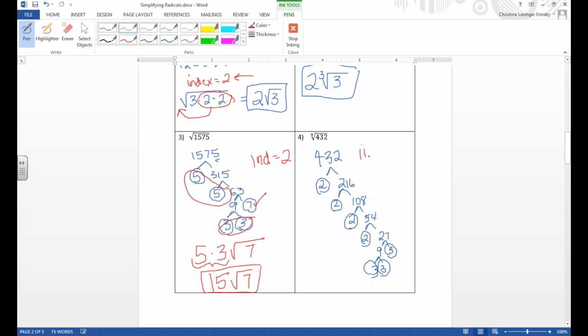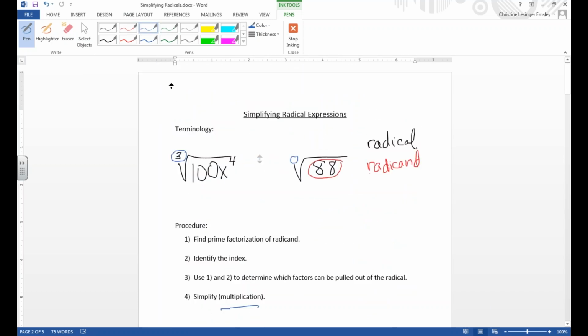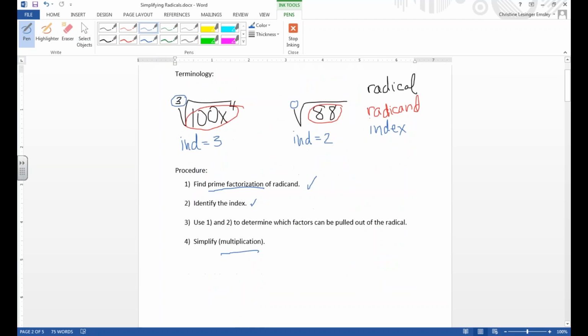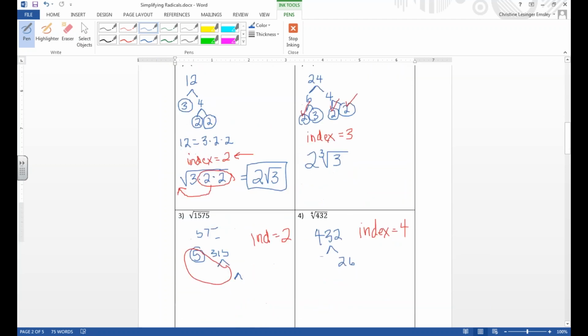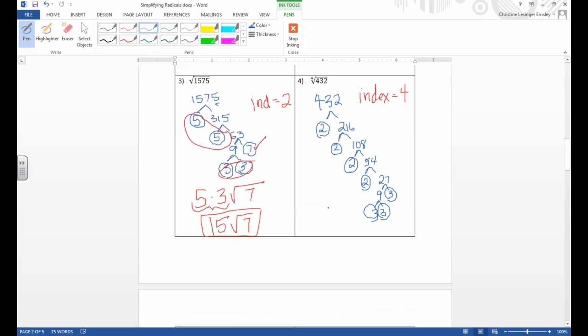And our index this time is 4. So that means we are looking at groups of 4. Anything that wants to come out of the radical has to appear 4 times. So here we go. Here's 1, 2, 3, 4 2s.